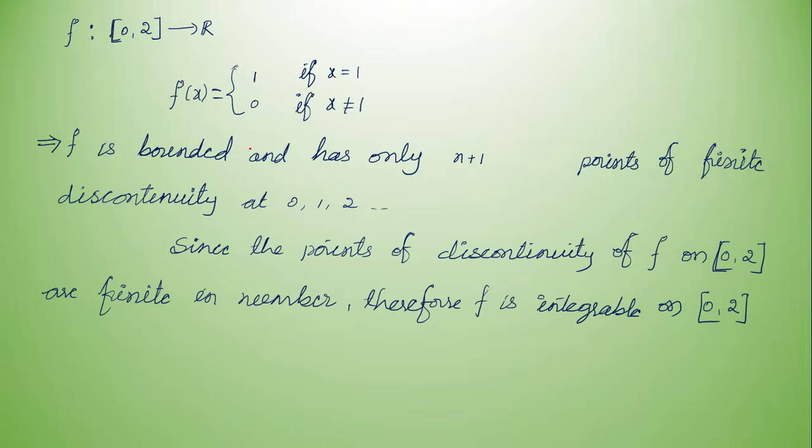Here f is bounded and has only n plus 1 points of finite discontinuities, here 0 to 2 is there, so at 0, 1, 2, and so on.